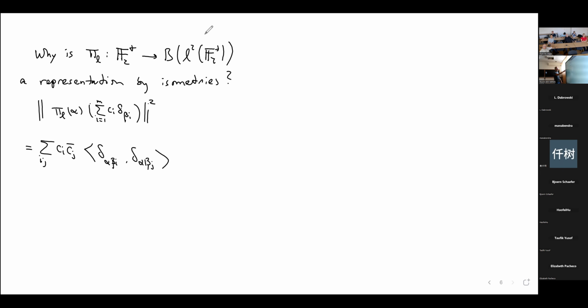Well, if this is an isometry, we should be getting the sum of the squares of the moduli of the c_i's.